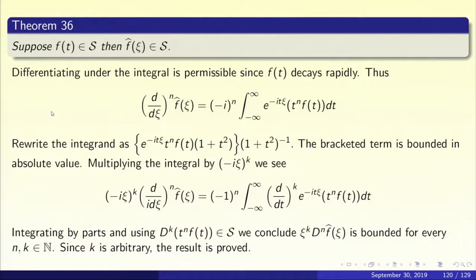So now we get the following. Multiply the integral by minus i chi to the power k. So we get minus i chi to the power k, d by d chi to the power n of f hat chi, equals minus i to the power n, integral from minus infinity to infinity of d by dt to the power k of e to the power minus i t chi, t to the power n f of t dt.